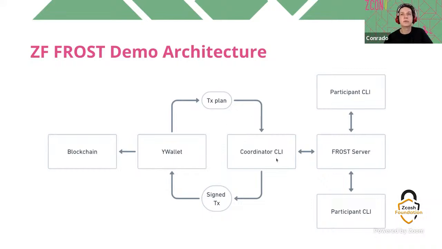So instead of using the cold wallet signer from the wallet, we use Frost to sign the transaction. The coordinator CLI will read the transaction plan, connect to the Frost server, and the participants will connect to it too. They will all run the Frost protocol, and the output of this will be a signed transaction, which you can import into the wallet and broadcast.